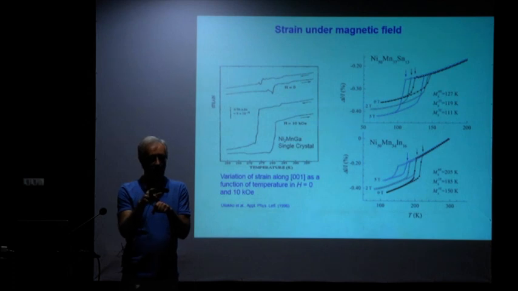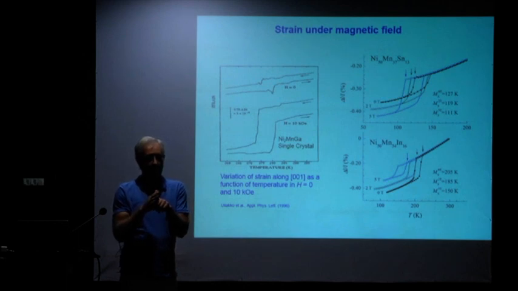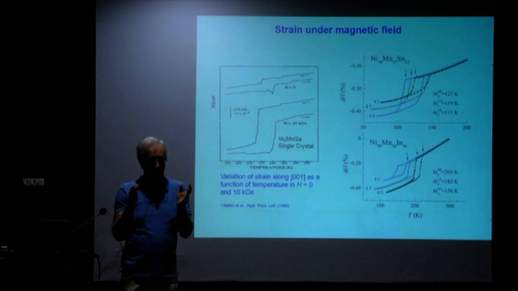You're applying a magnetic field, a large one, you're saturating it, and then you're going to grow martensite. The martensite state is a complex state, but when you apply a very large magnetic field, you do induce some kind of ferromagnetism.